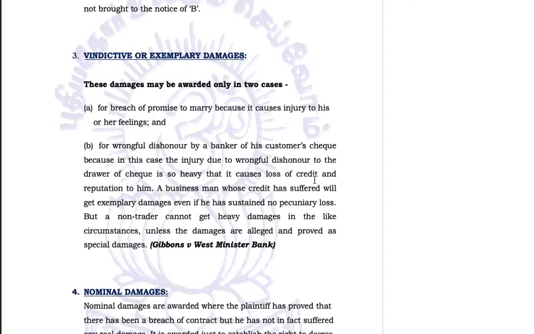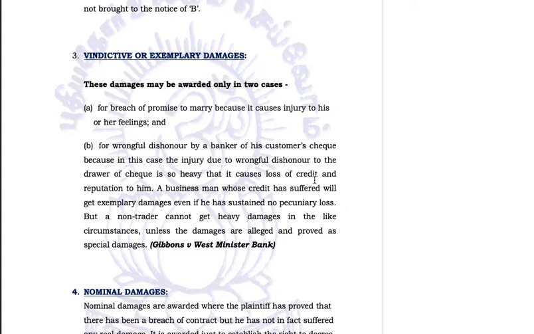It is normally understood that a businessman will definitely suffer a loss to reputation if his credit score goes down because of the default of the bank. But a normal person is not a commercial person, he is transacting between friends. His reputation will not be damaged because they know him thoroughly, they don't know him just as a commercial entity. So a normal person will not get exemplary damages for dishonoring of the check, but a commercial trader will. Why?